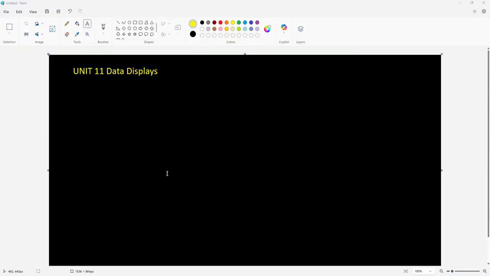Unit 11 is about data displays: how to choose the different types of displays to use when given some data, and then interpreting data when it's shown to you. So what is data?